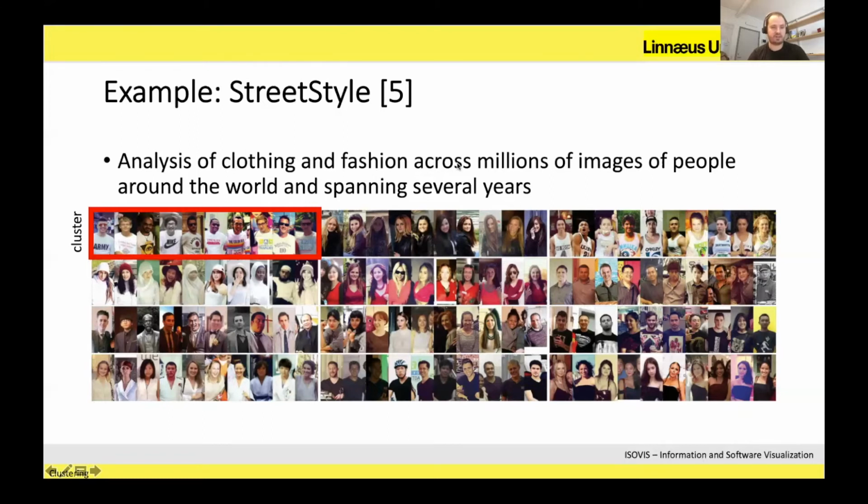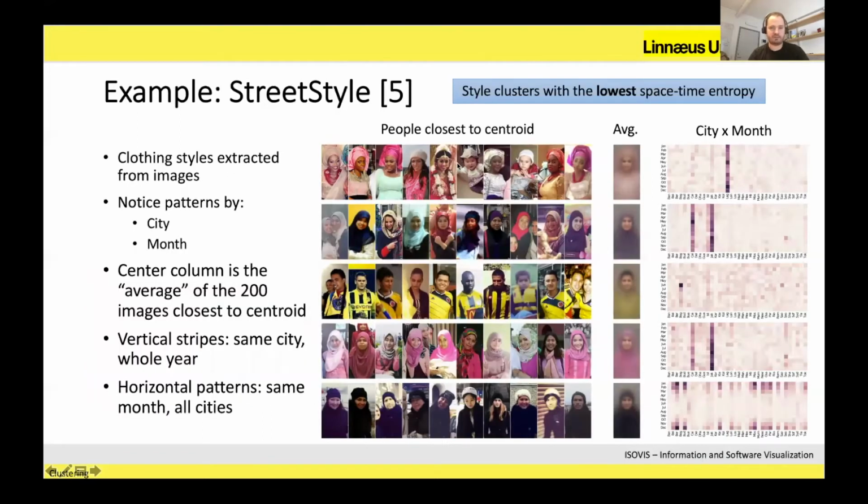So let's take a look at the results that they get in general. These are some examples of clusters that they got with the lowest space-time entropy, which basically means that they have clear patterns, right? If you don't know what entropy is, it's hard to explain, but just think of entropy as being like something random.